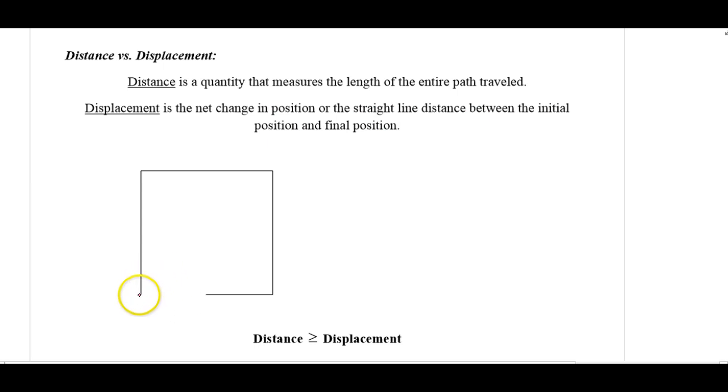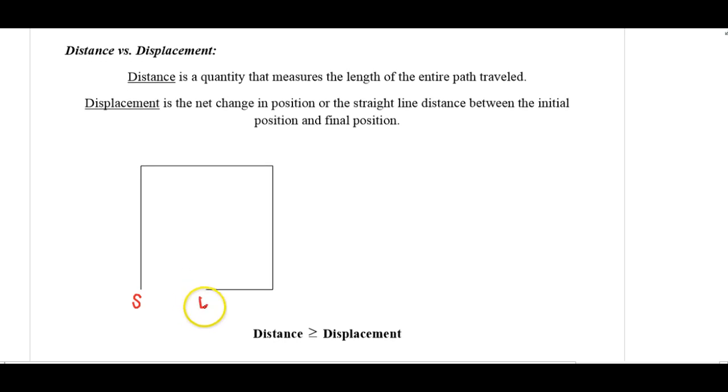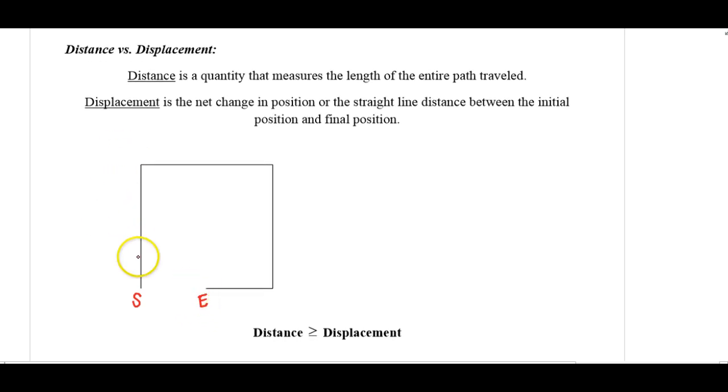So let's imagine that this is a path that we're about to take. So I'm going to go ahead and say this is the starting point and this is the ending point. And we'll go ahead and say that this vertical distance here is 10 feet. This one's 10 feet, 10 feet, and then this little distance here is 5 feet.